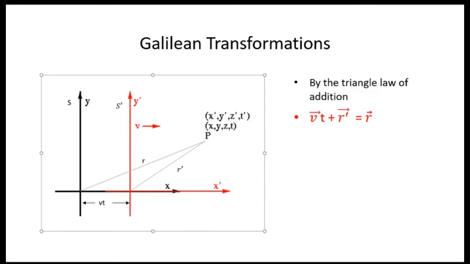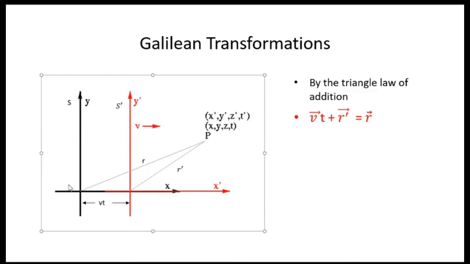Now, see, suppose there is a point P and the position vector of the point P in the S frame of reference is r, and the position vector of the same point P in the S dash frame of reference will be r dash. And we have seen that the frame S dash, which is moving with a constant velocity v along the x-axis, is a distance vt ahead of S. Now we get a particular triangle.